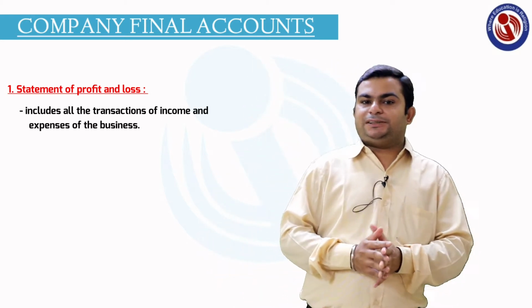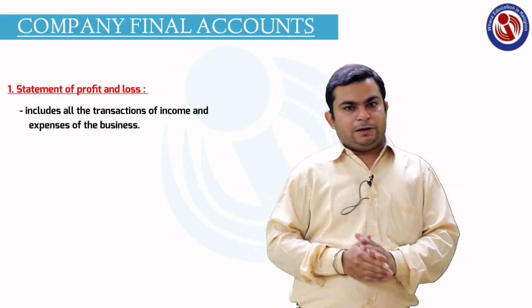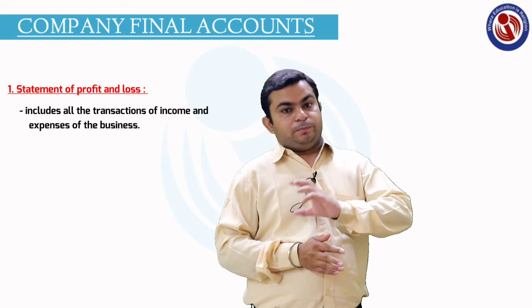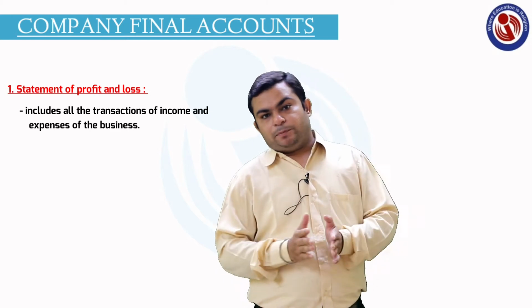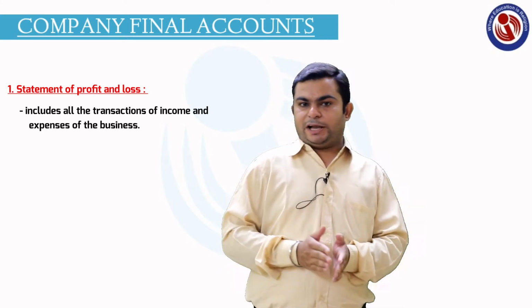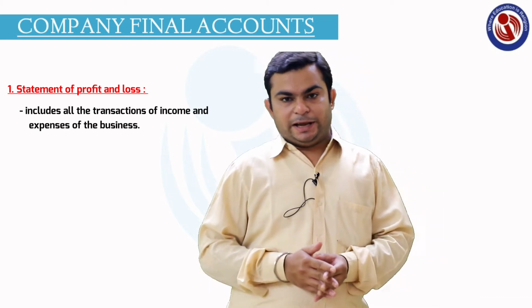Sales, purchases, all these items were recorded in the trading account, and in the profit and loss account all the incomes and expenses were recorded in our previous final account. Here the profit and loss statement is a combination of both these accounts.